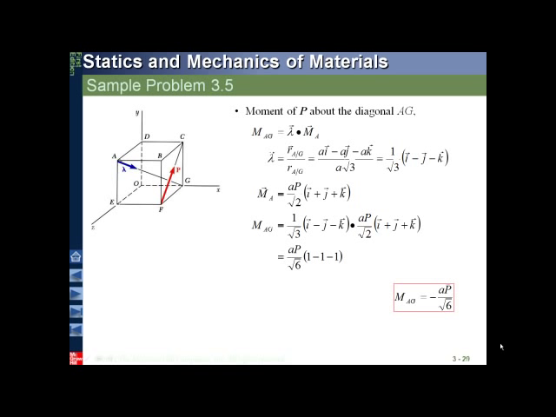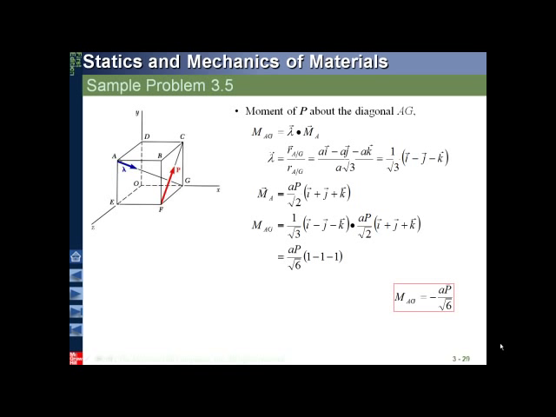It should say negative A times P divided by the square root of 6. The unit vector, the blue line, we do that by position vectors, and I think they got this position vector backwards. It should say G relative to A, because your unit vector is up there at A, so you're coming from A.